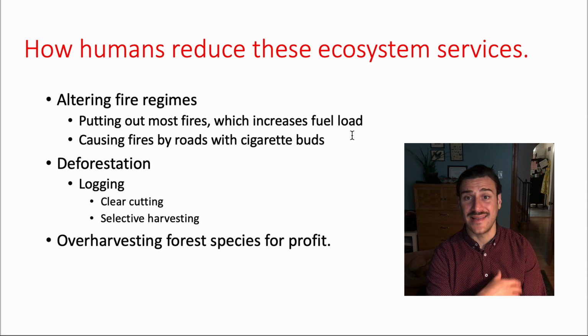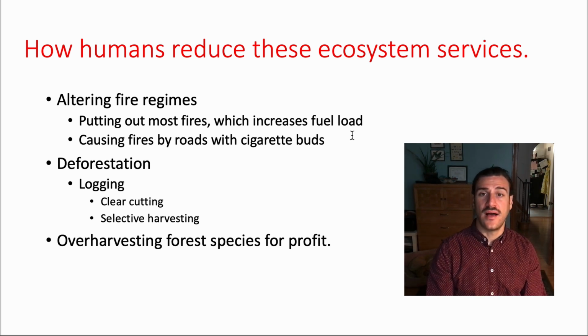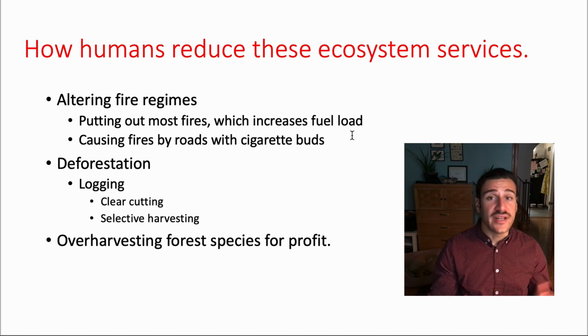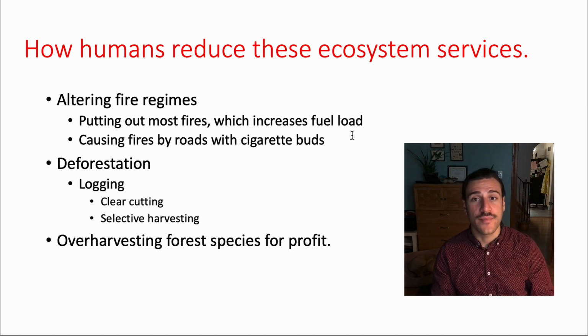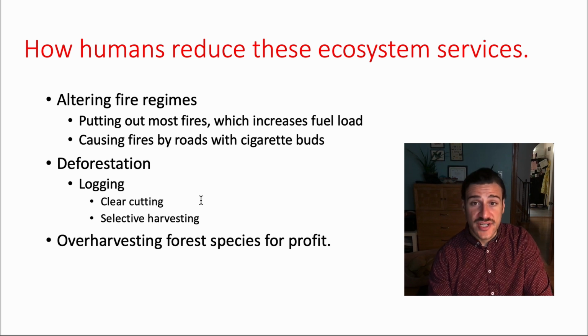As well as, in today's lecture, we focused on these political ideas of profit over preservation. So mining, cattle, and soybean, for example, in the Amazon. Deforestation through logging also reduces these services these forests provide.